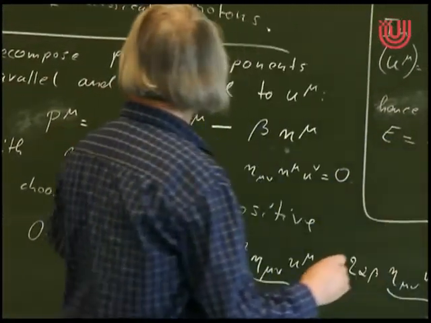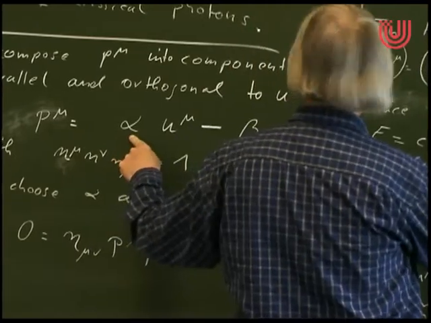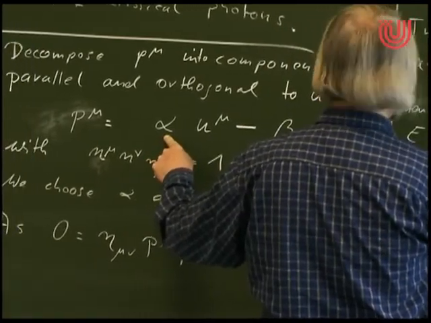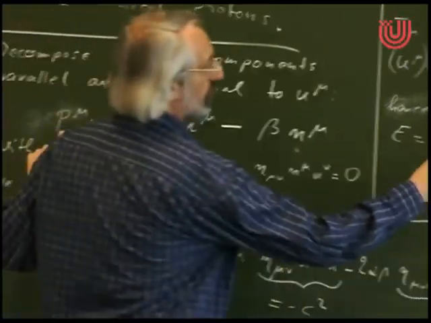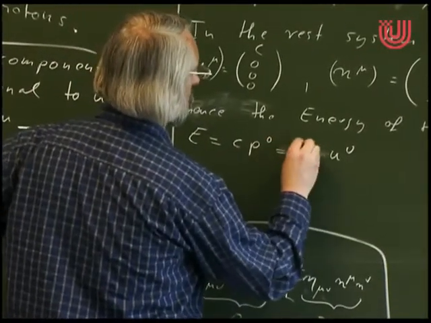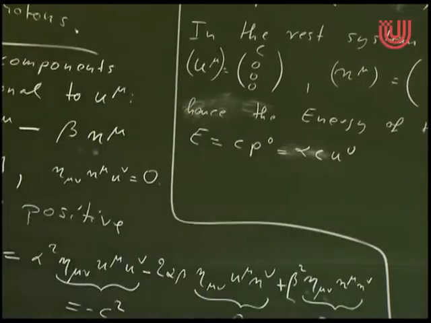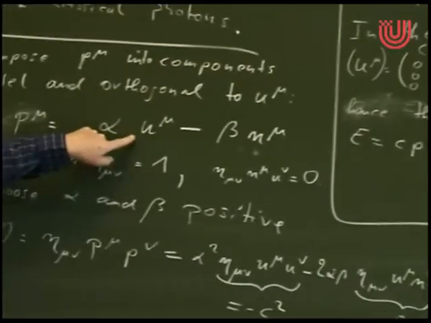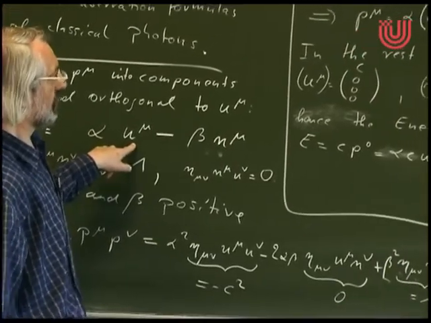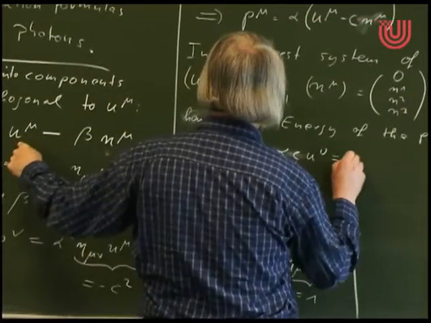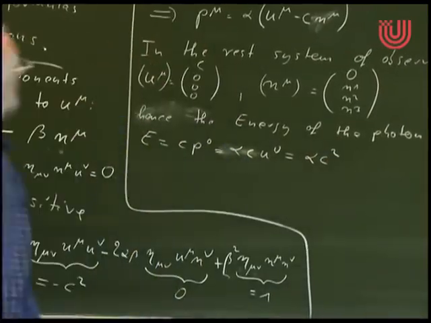c times p naught is alpha times u naught. It's this equation here, alpha c times u naught. That's it. p naught is this here. n naught is 0. u naught is c.